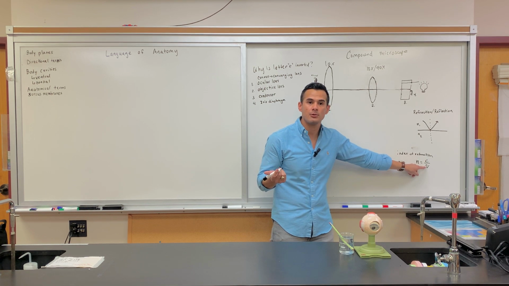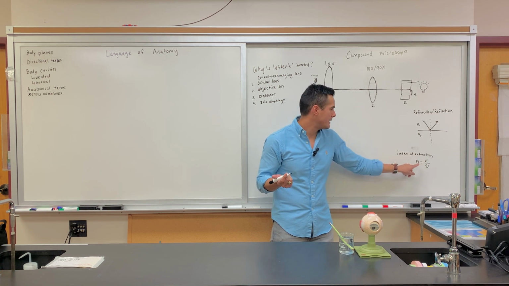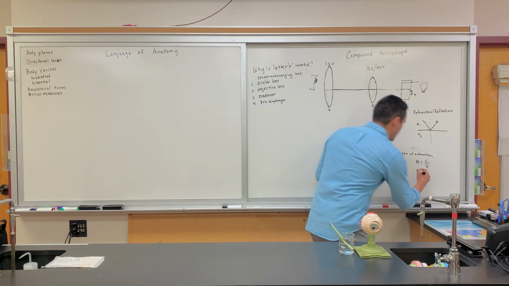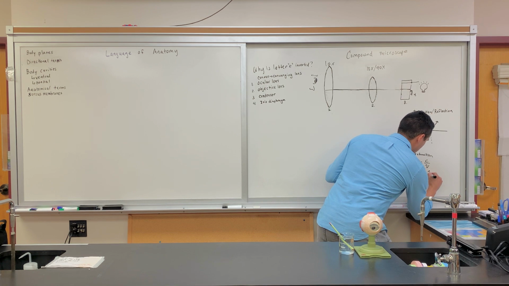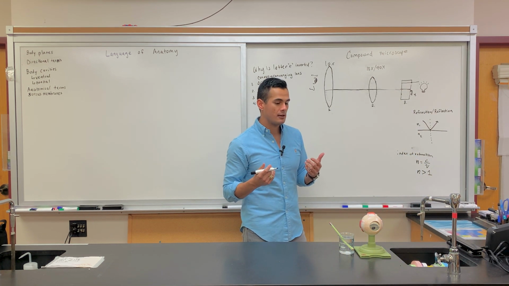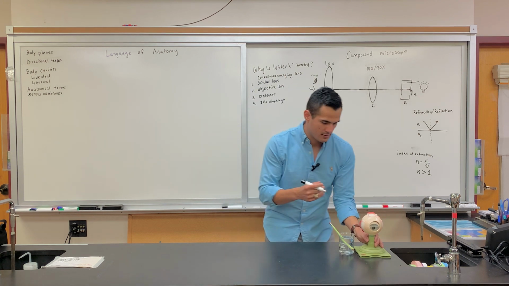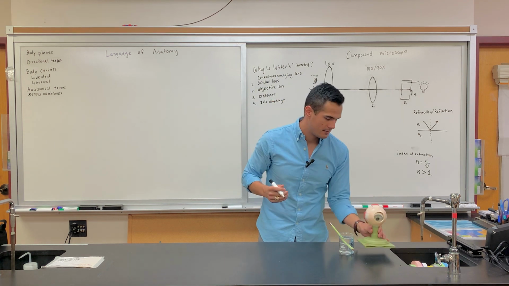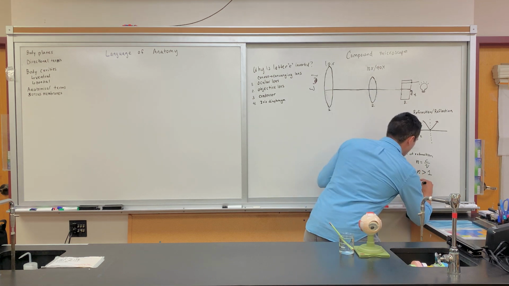Because it's going to be traveling slower than the speed of light. So then this number, the index of refraction, is always going to be greater than 1. So for instance, the index of refraction for the cornea, which is this part here of the eye, n is roughly equal to 1.4.